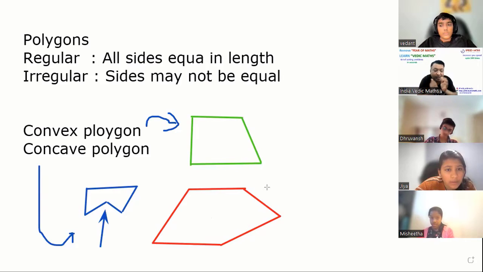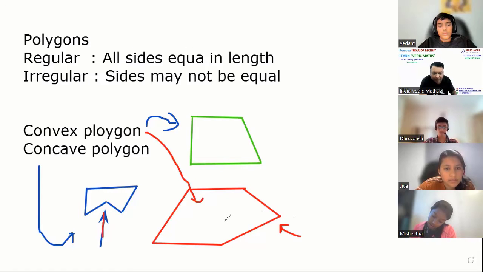You have to look from outside. So it's a convex. See, if you look from outside, this one is cave. So it's convex. Correct? Yes. Convex and concave.